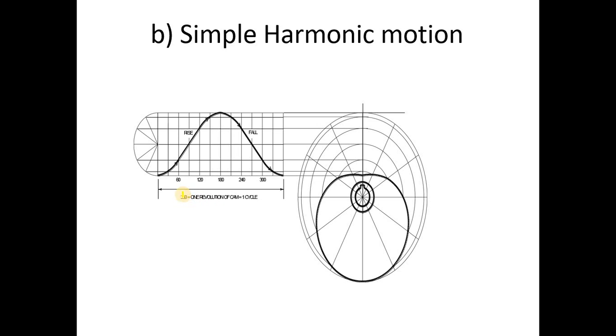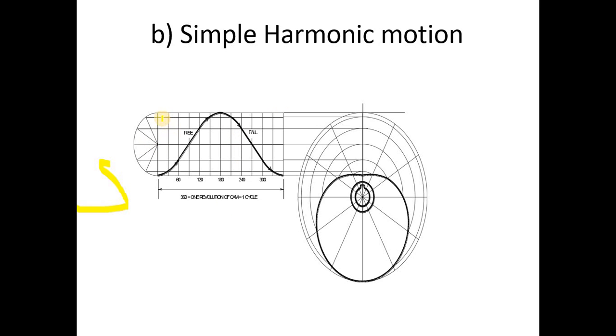In this particular case, first of all, draw a semicircle having a diameter equal to the stroke length s. Look at this. This is the semicircle having the diameter equal to the length of the stroke. Next, draw a horizontal line of length pi d, that is the entire one revolution, 360 degree revolution, that is one revolution of the cam. Then divide the semicircle into a number of equal parts.